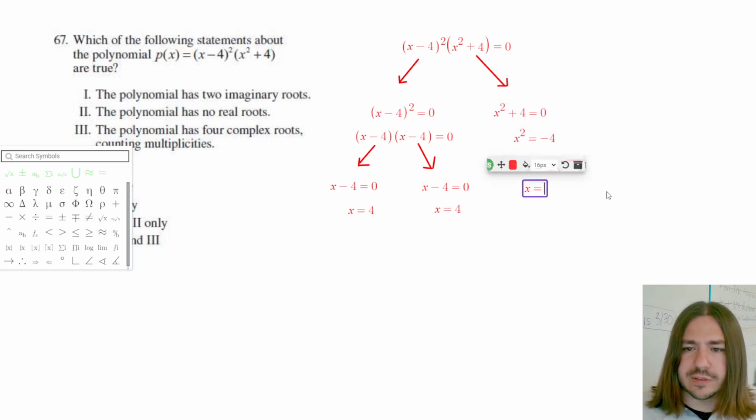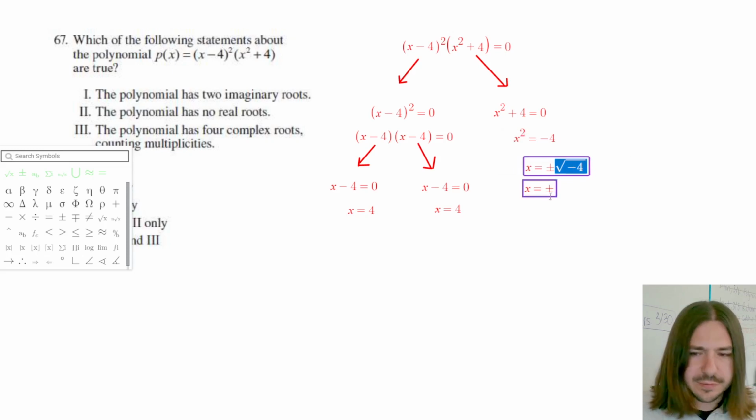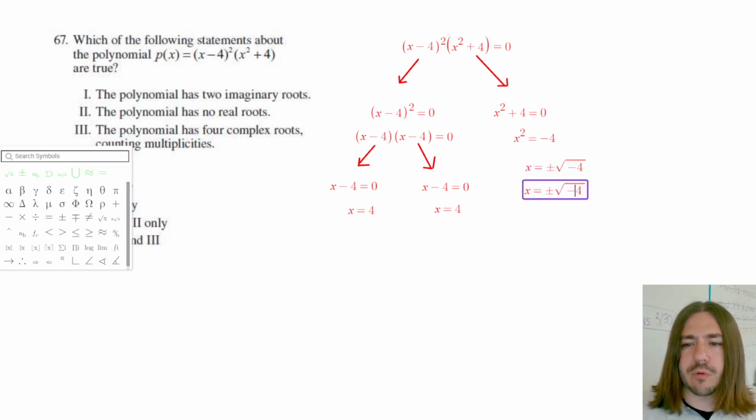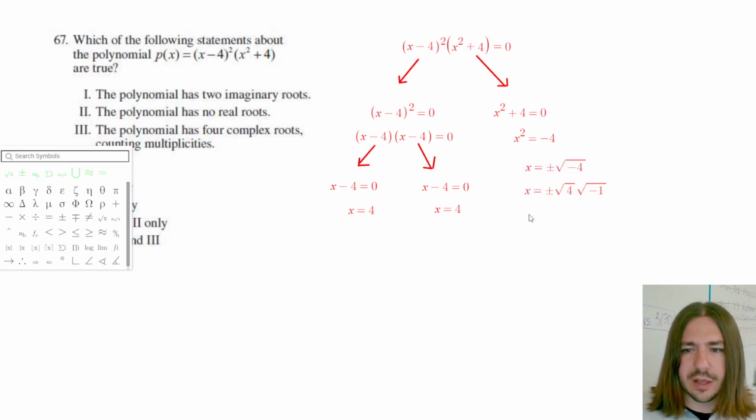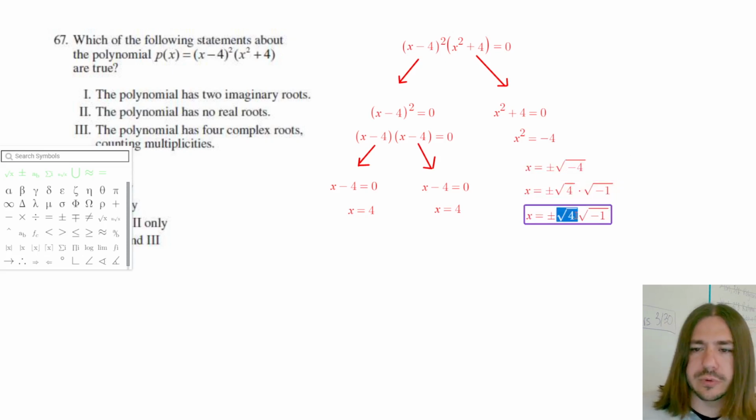What we can do is rewrite this as the square root of 4 times the square root of -1, because -1 times 4 is -4. The square root of 4 is 2, because 2 times 2 is 4.